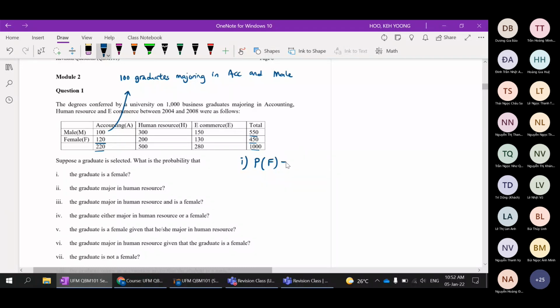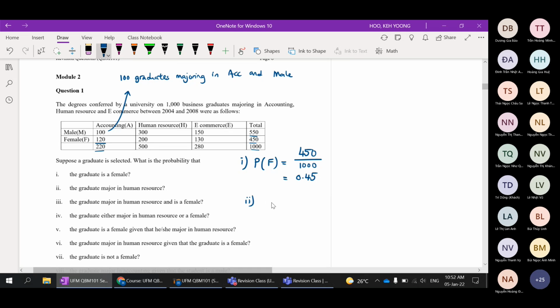So you take the total female, 450, divided by the grand total 1,000. So the answer is 0.45. Let me know if you don't understand how to calculate.